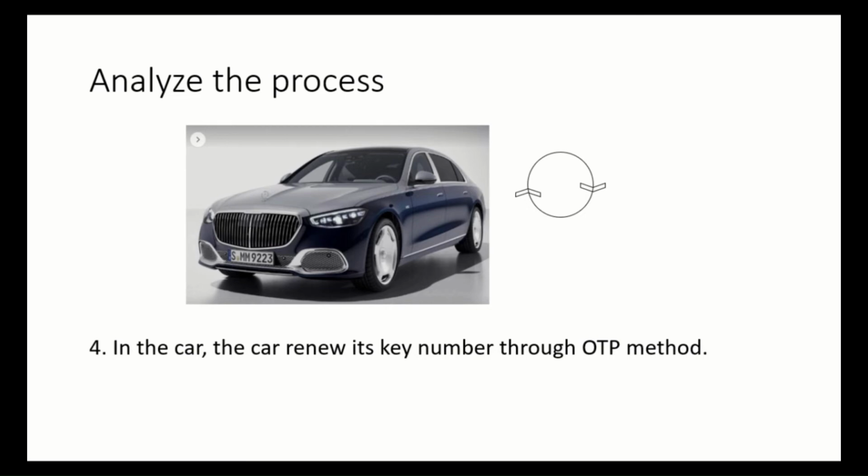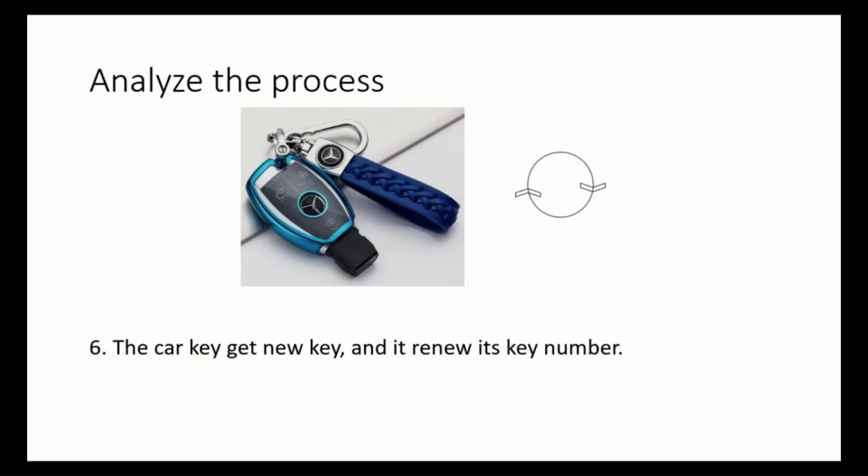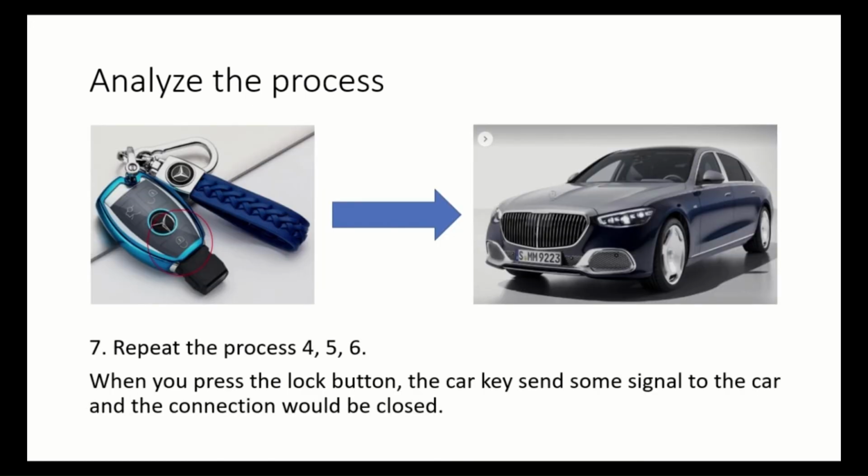First, the car renews its key number through the OTP method. The car sends its new key to the car key. The car key gets the new key and renews its key number. And processes 4, 5, 6 are repeated.